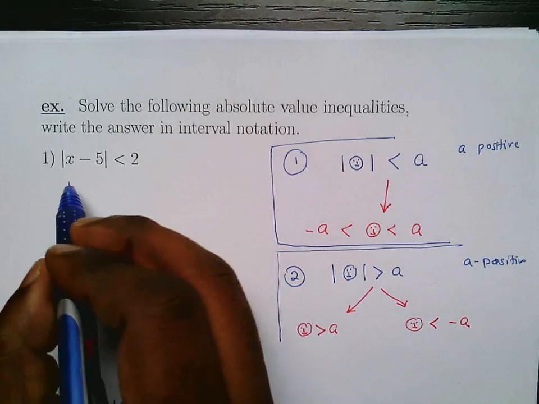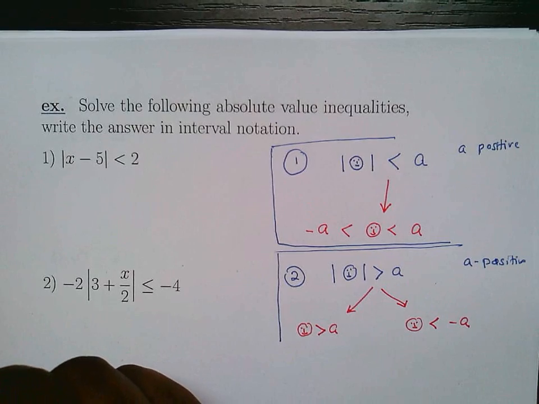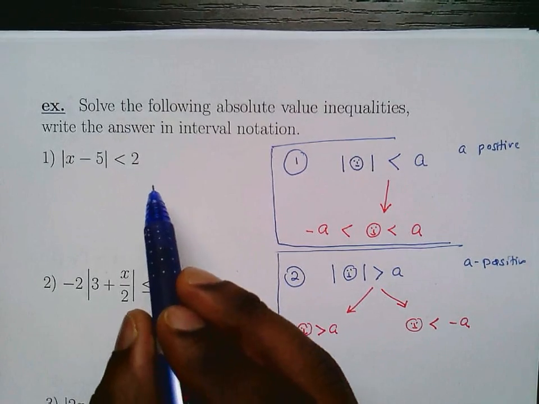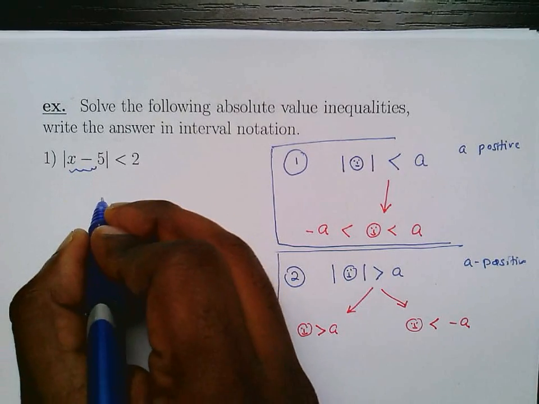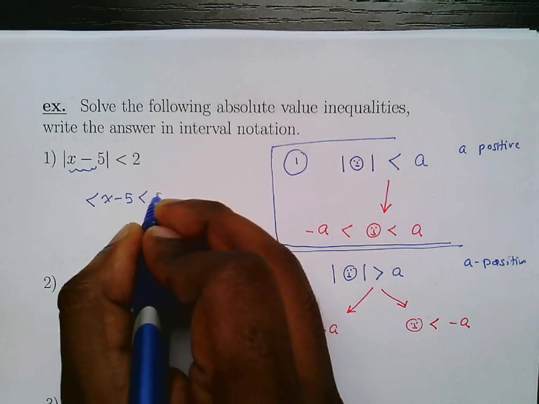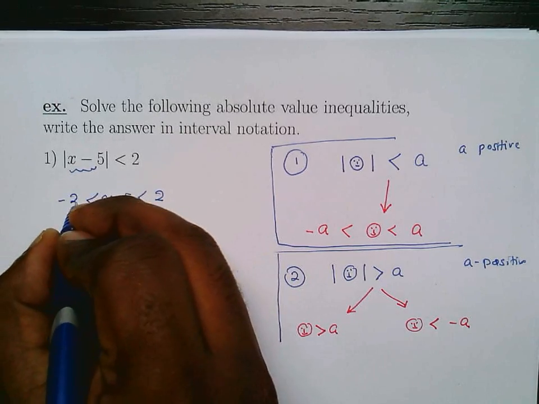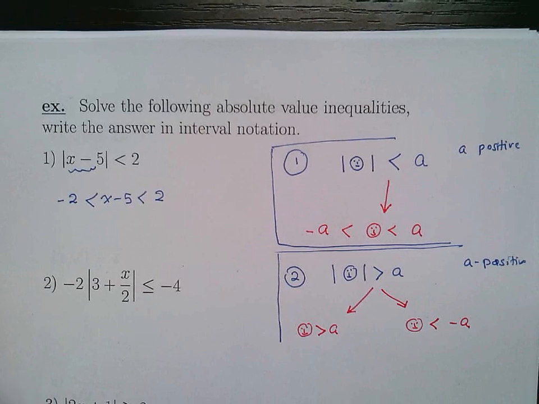Okay, if you look at example number 1, you can see it's of type 1, where absolute value is less than a positive number. So it breaks up as x minus 5 is between negative 2 and 2. You can see in this situation you do not have an absolute value.